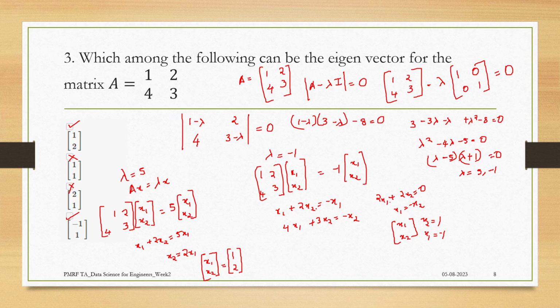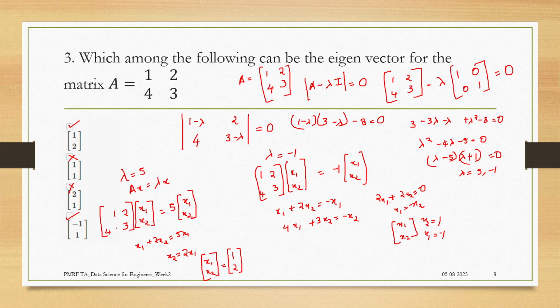How is x1 and x2 1 and 2 for question 3? Okay, yeah. So here you can check, in the case lambda, one of the eigenvalues is 5, Vanilla. So you have to substitute in the equation Ax equal to lambda x.